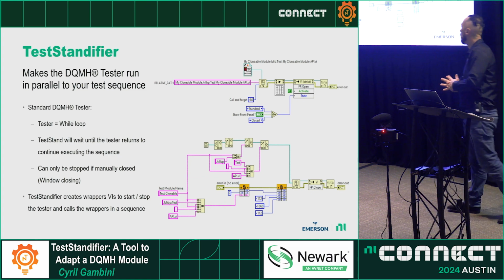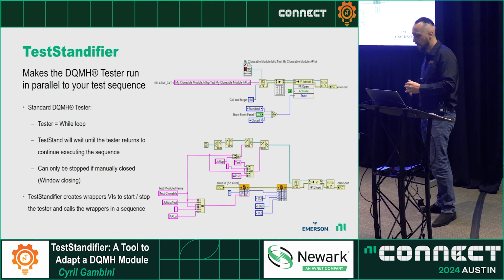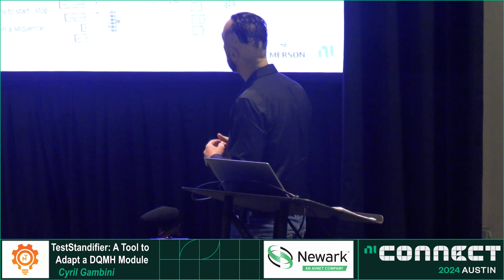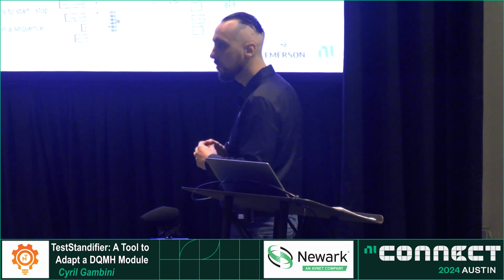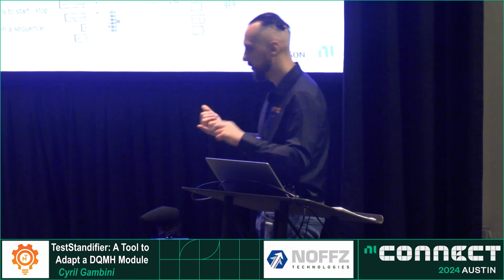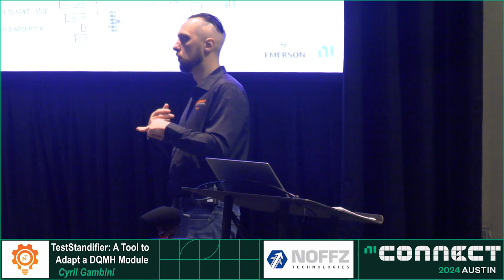Quick note about using the tester in your sequence. You might have noticed that when you create a new event in your DQMH module, you have broadcast, request and reply. But there is also a lesser known citizen that is round trip.